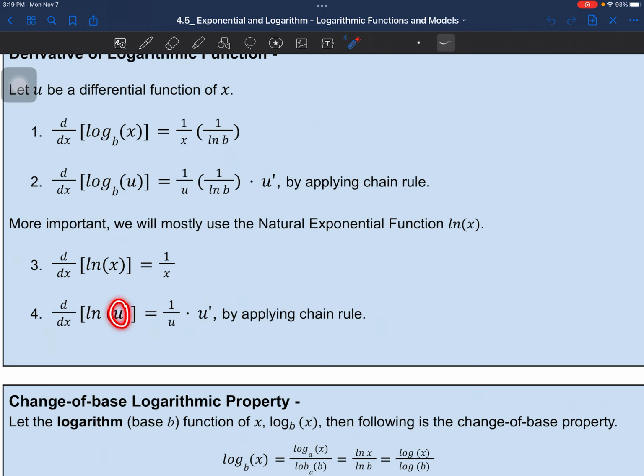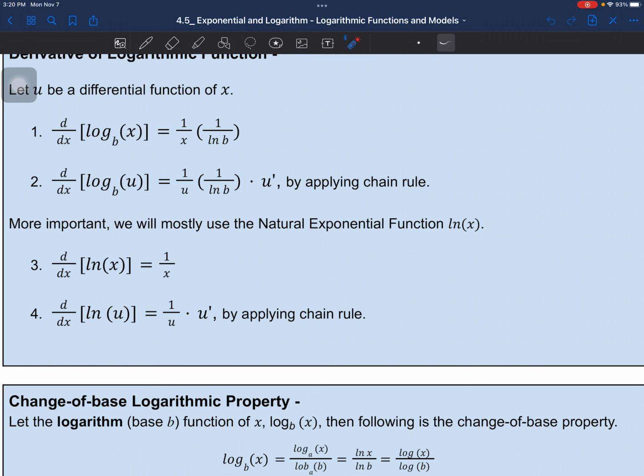So if I ask you to find the derivative with respect to x of the natural log of x, then what we gotta do is 1 all over your x. And if we actually have a function inside this natural log, again, this is the inside, the log is the outside function, so we have to apply chain rule.